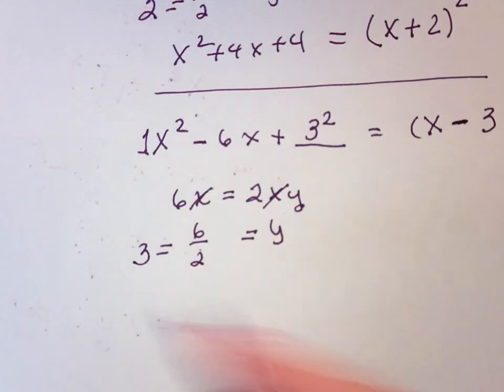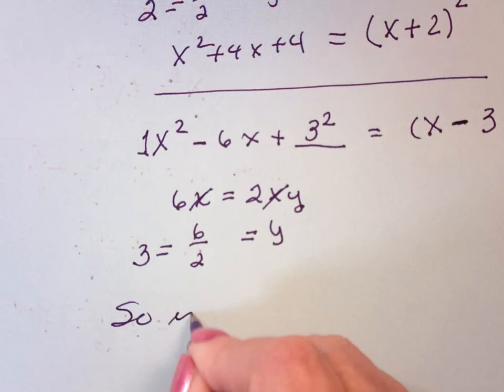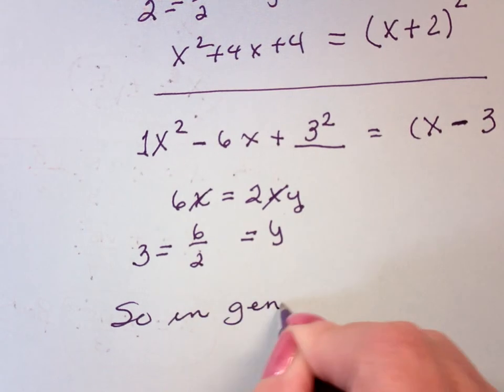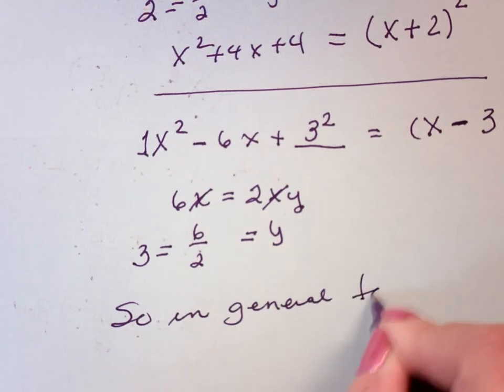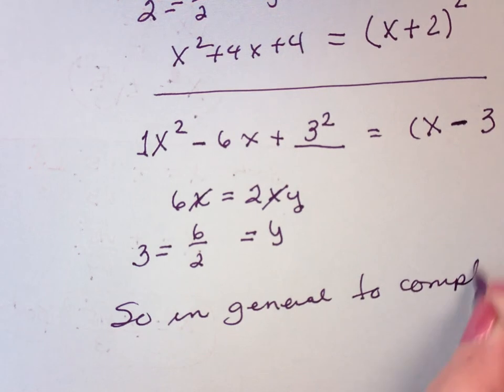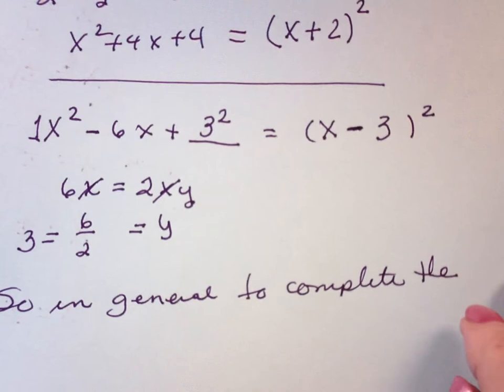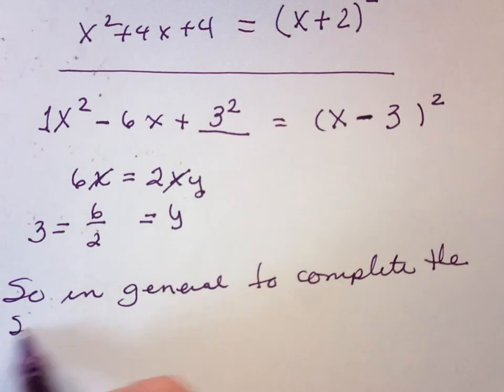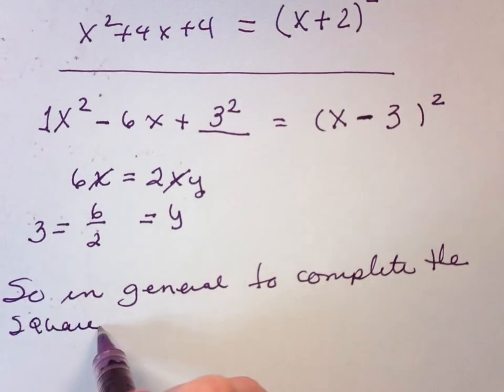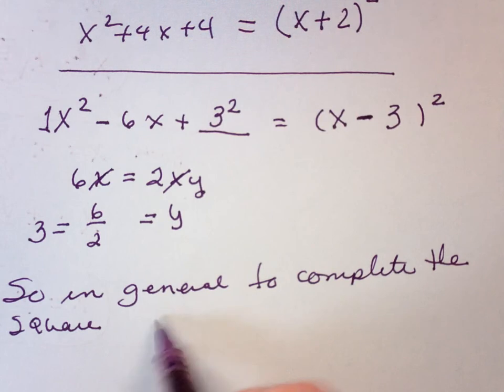So in general, to complete the square, take the coefficient of x, which is b, divided by 2. That removes the doubling.